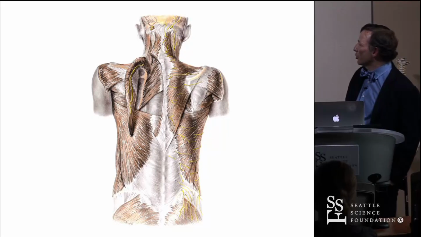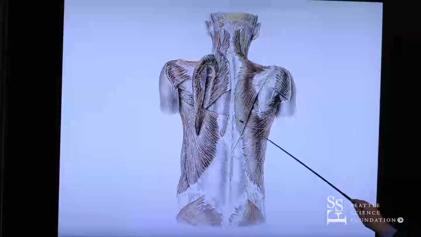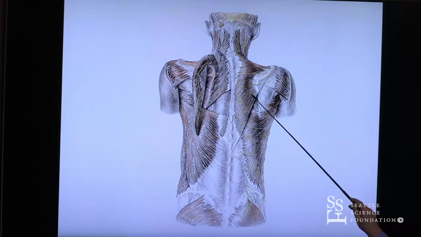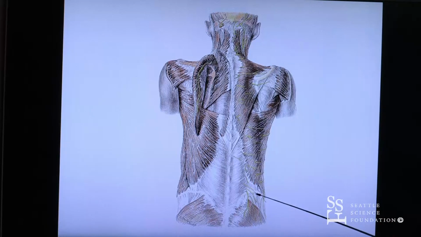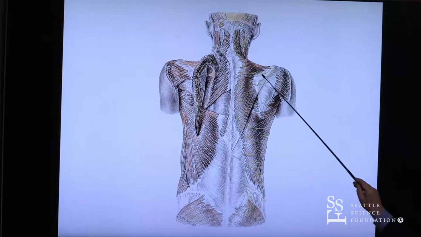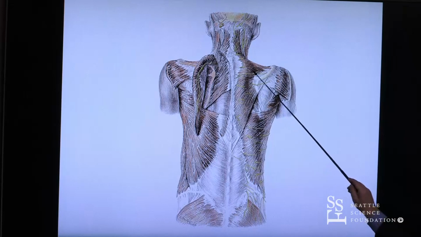Okay, here's some of the surface branches of the dorsal rami. So when you see this, you know that all the nerves that are shown on the surface, these are going to skin because they've pierced all the muscle that's available. So there's no more muscle, they're going to skin. And we'll see that these are these dorsal rami posterior branches. And remember we said they're medial and lateral components.